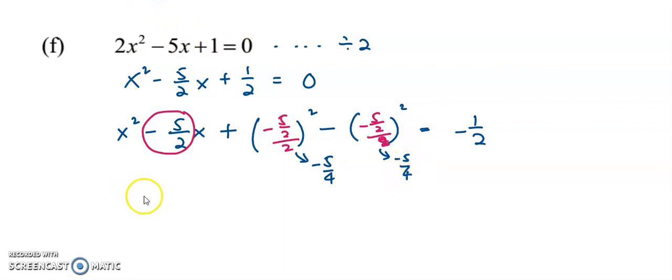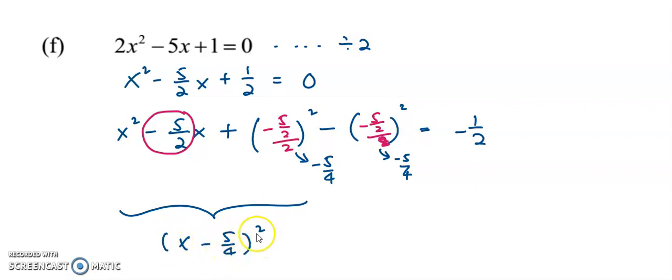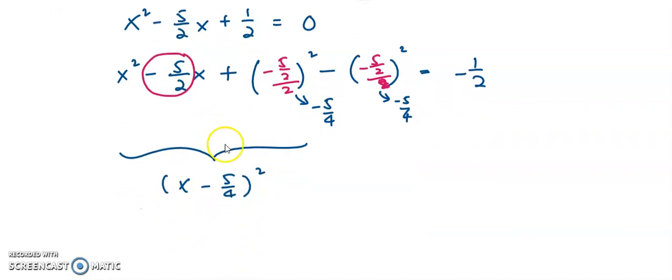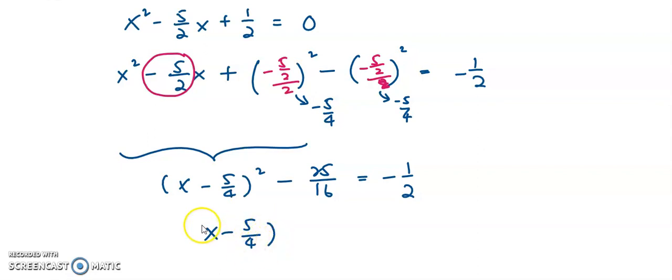Then after that, you simplify the first three terms into the factor x minus 5 over 4 to the power of 2. And after that, minus negative 5 over 4 squared, you have 25 over 16 equals to negative 1 over 2. And then you can bring the negative 25 over 16 over to the right side. You have 17 over 16.